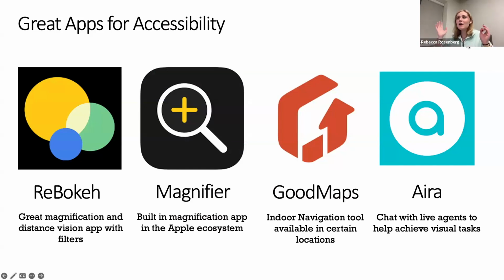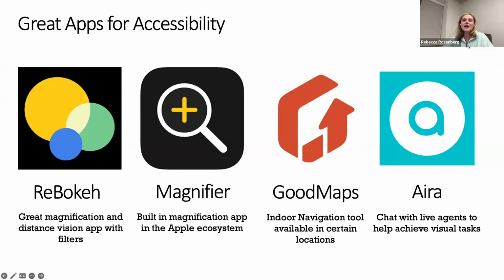Fantastic. So, starting off with some great apps for accessibility. I absolutely have to start off with Rebecca. I don't think that I started off our conversation today by sharing, but I am the founder of Rebecca. My company developed this technology, so I absolutely have to share it with you.